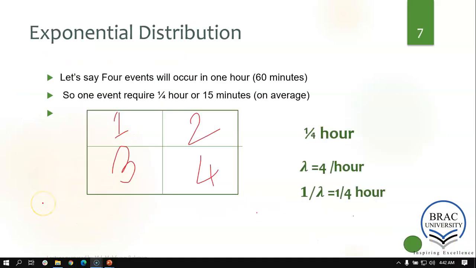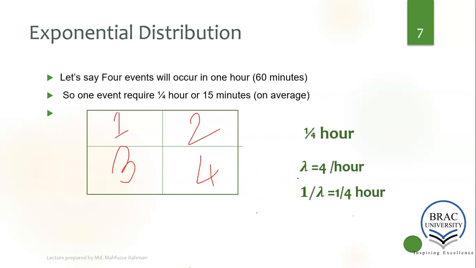Now, to get a clearer idea, let's find out the difference between the two probability distributions. Let's say we have 4 events that will occur in an hour. On average, 4 events will occur in an hour, so lambda equals 4 events per hour, and this lambda comes from the Poisson distribution, where the random variable x is the number of events occurring per unit of time.